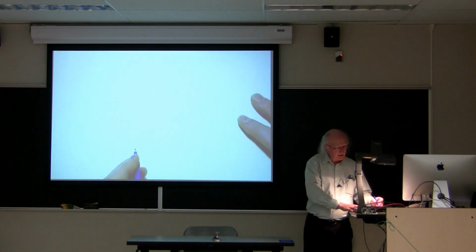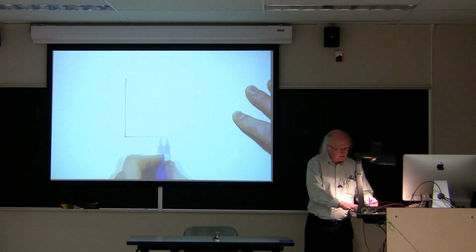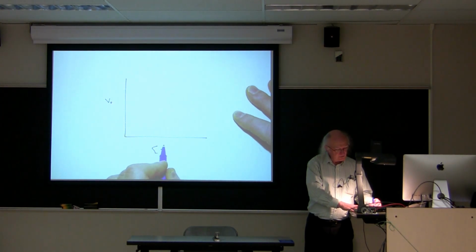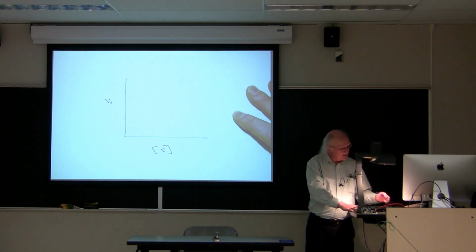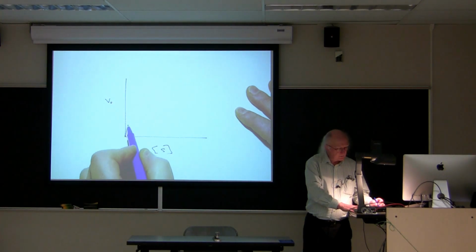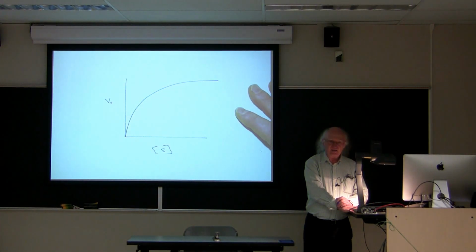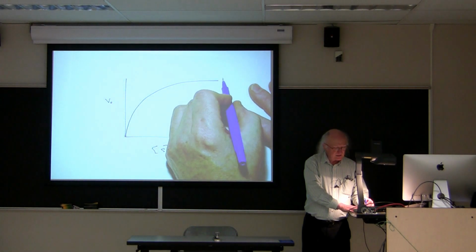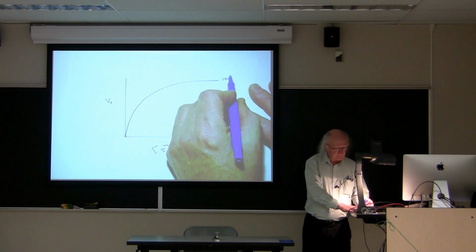Let's imagine that I have a plot now of V versus concentration of S, and I'm doing a reaction where, let's first of all draw it as if we have no inhibitor. So here's the V versus S for no inhibitor. And let's say I do the same reaction without an inhibitor, and I only use 80% of the enzyme. So we'll say 100% enzyme.